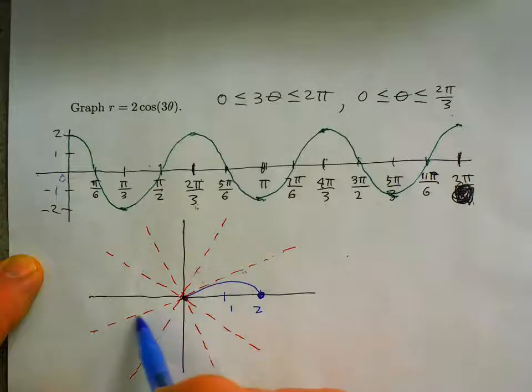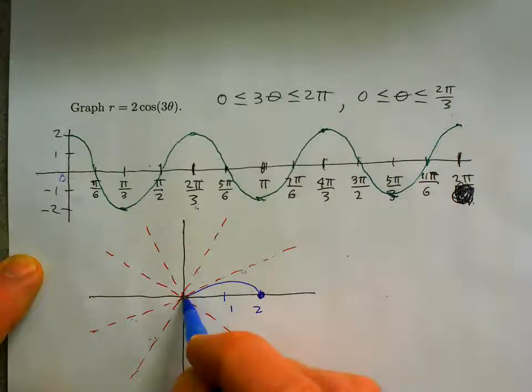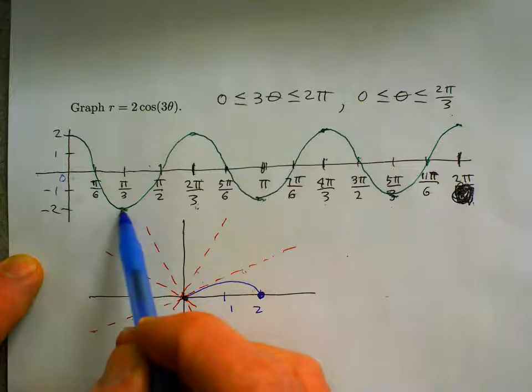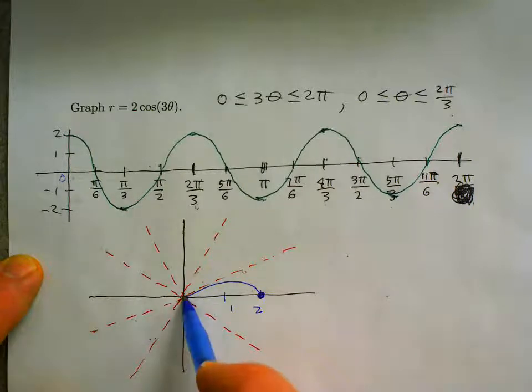So we're going to sketch the graph between these two lines here. Okay, but we're starting out at 0, and the R value ends at -2. So 2 units on this ray here is where we end up.